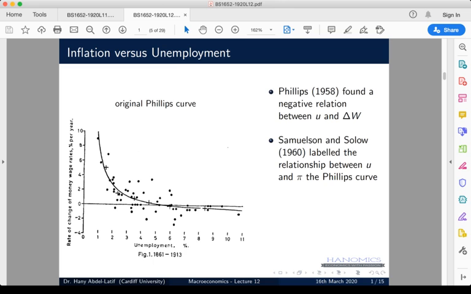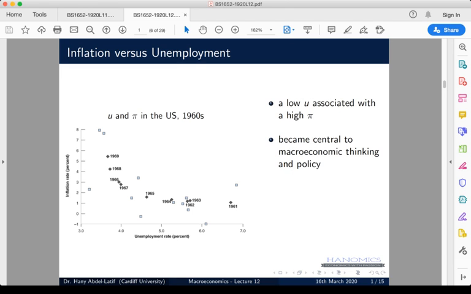This is, for example, what you see on the graph. Now this is data for the US, not for the UK. The original paper was mainly for the UK, but this one for the US shows that there's an inverse or negative relationship between inflation rate on the vertical axis and unemployment rate on the horizontal axis, and it seems that a low level of unemployment rate is associated with a higher level of inflation rate.